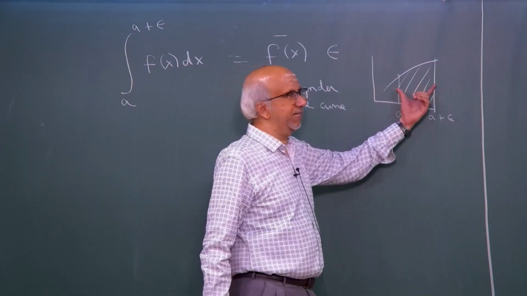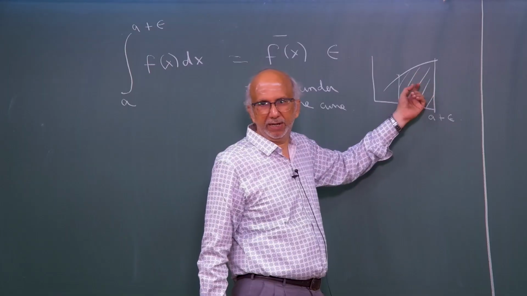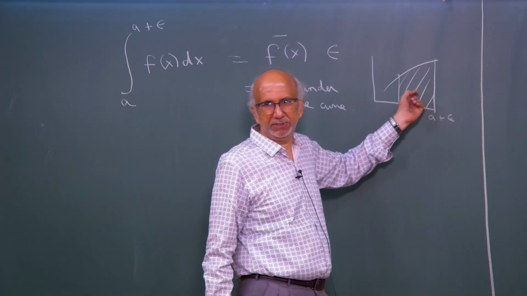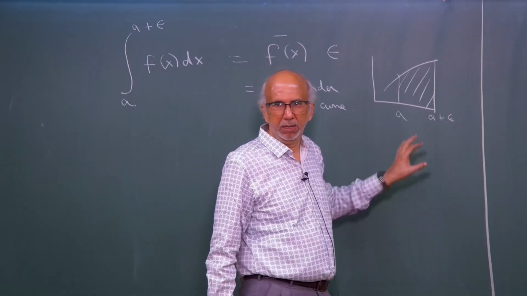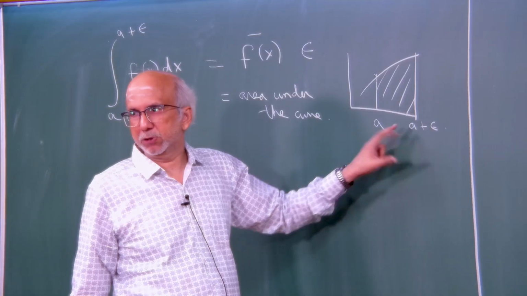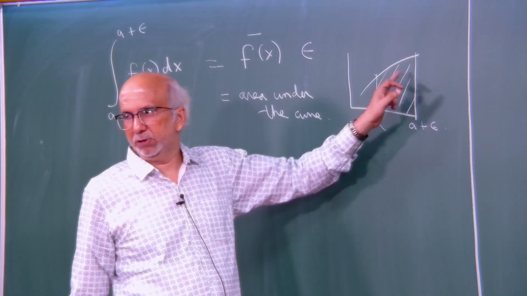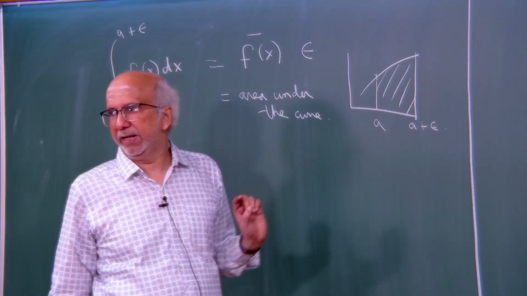If the distance is very small, then the changes in f are not going to be significant, and I make a good approximation by taking the average. I have just drawn it big for you to see it, but actually if epsilon is very small, I can just take the average value from a to a plus epsilon multiplied by epsilon, that will give you the area of the rectangle, and that is an approximation of the area under the curve.